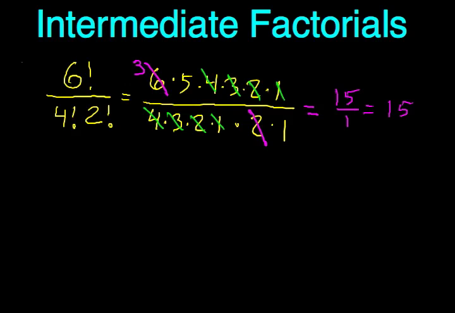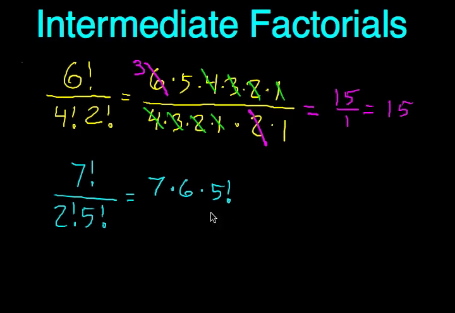Let's try another example. How about 7 factorial all over 2 factorial times 5 factorial? Now in this case we're going to use the shortcut that we learned earlier. So instead of writing 7 factorial out longhand, I'm just going to write the first few terms: 7 times 6 times 5 factorial.